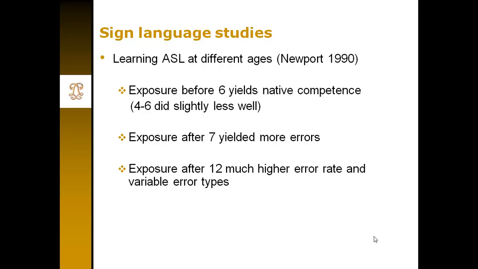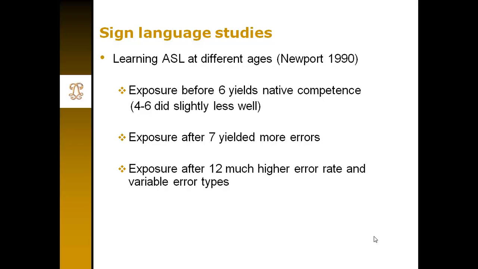What Newport was doing is looking at these adults who had started learning sign language at different periods, and looking retrospectively at the age at which they started learning, to figure out how well they were able to learn based on when their initial exposure to the language was.